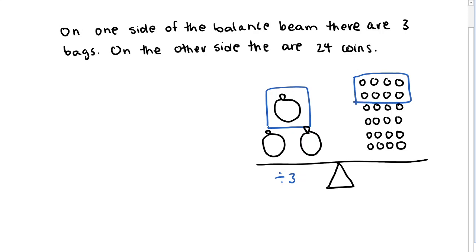And so if the two sides weigh the same to begin with, then 1/3 of the weight of the left side should be 1/3 of the weight of the right side. So one bag should weigh the same as 8 coins. Each bag contains 8 coins.